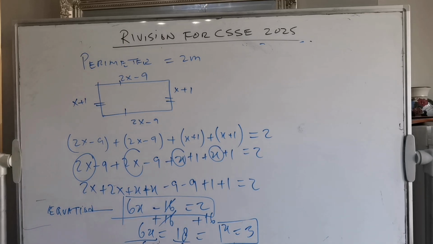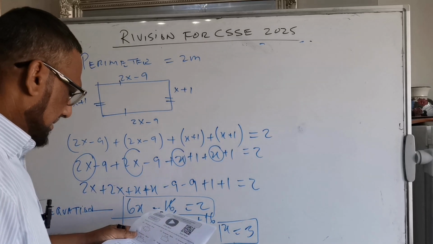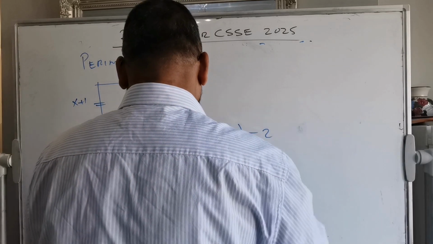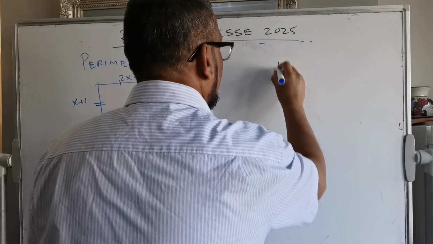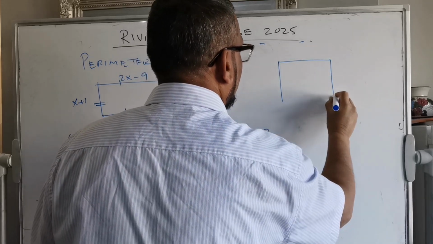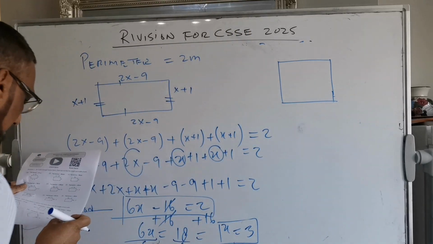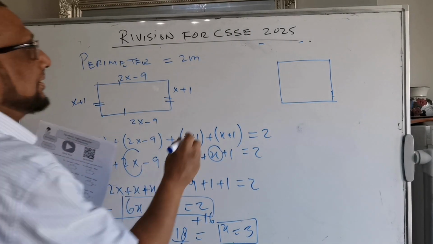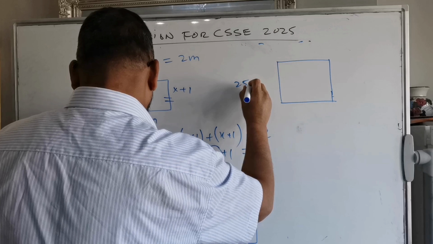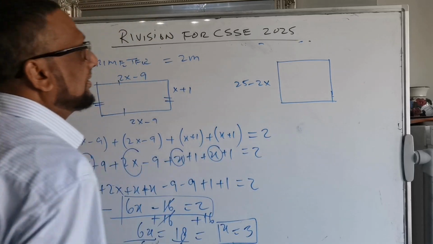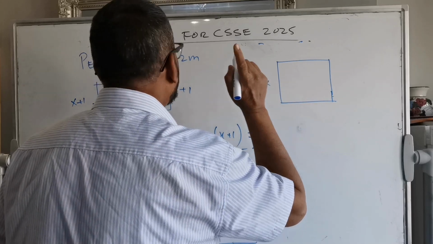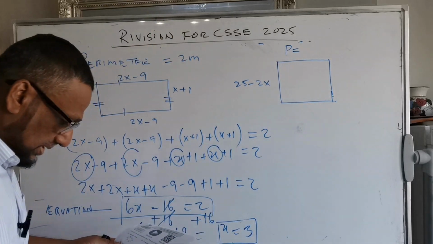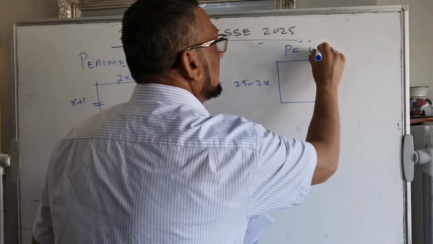I'm going to solve one more example. This is the shape given, a square, and the value is given as 25 minus 2x, and the perimeter is given as 64.